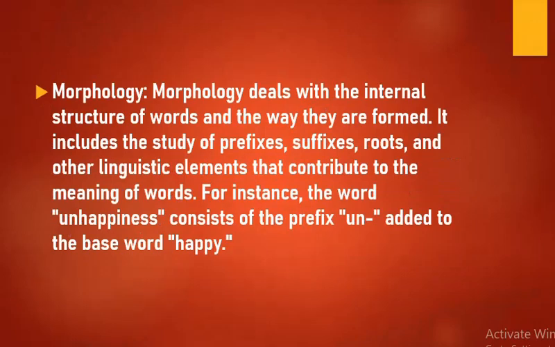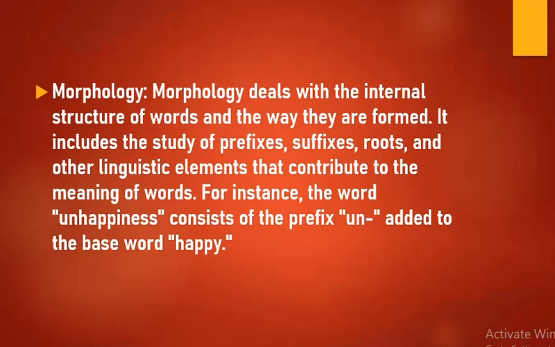The next one in form is morphology, which deals with the internal structure of words and the way they are formed. For example, let's take the word unhappiness. There is an internal structure to this word. It has the prefix un added to it, and ness is a suffix added to create the word unhappiness.